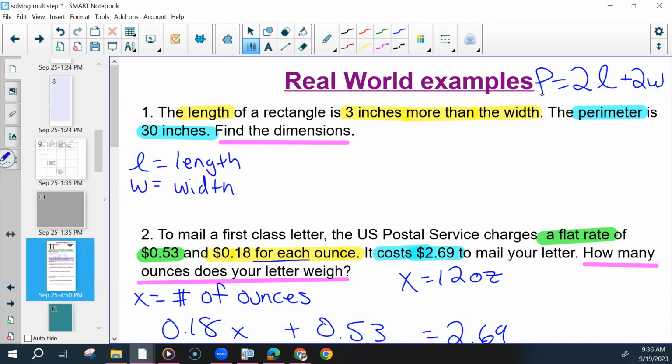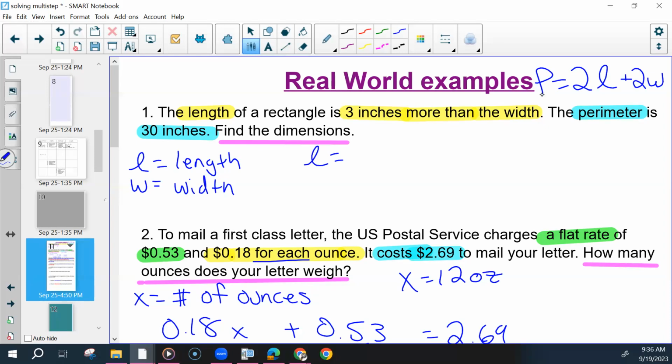This one's a weird one because we are going to end up getting 2 equations and then using that elsewhere. How would I say the length of a rectangle is 3 inches more than the width? I'm going to say this first part, the length is the L equals 3 inches.